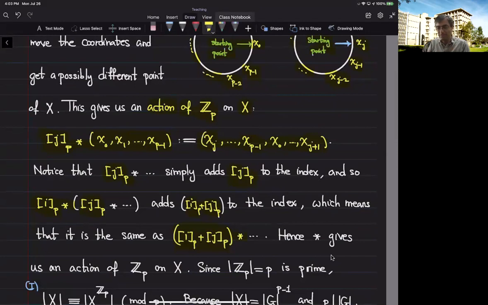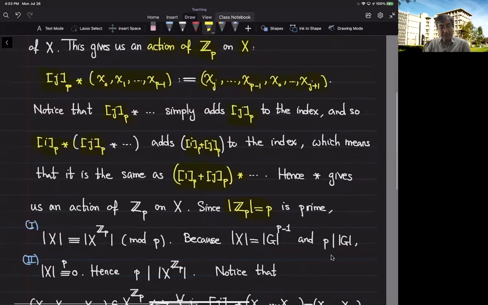So star does give me an action of the cyclic group of order p on X. Now notice that this is a cyclic group of order p, a prime number. So I can use the previous theorem that we have and deduce that the cardinality of X is the same as the number of fixed points mod p.